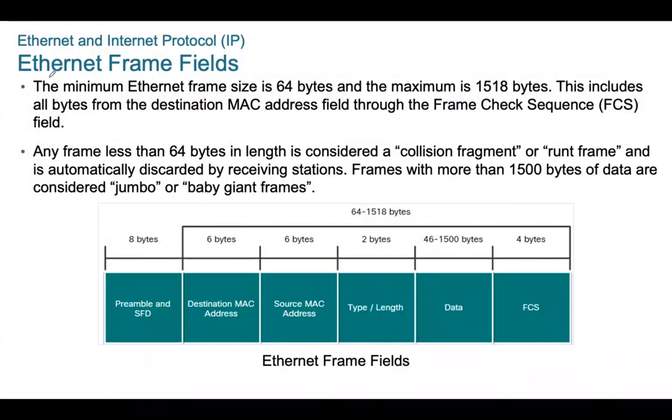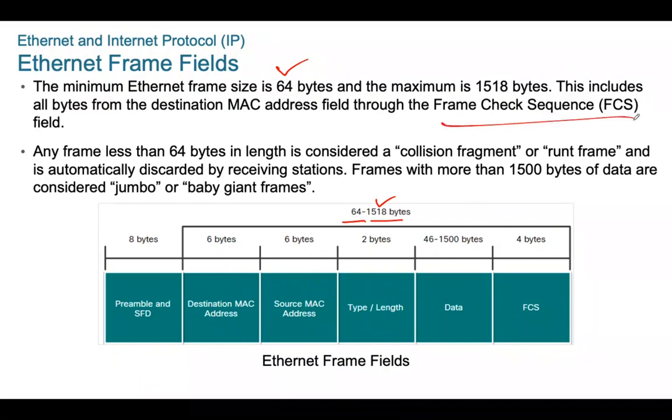You can see this in the Ethernet frame fields, which have a frame header and frame trailer. The size of the frame lies between 64 bytes and 1518 bytes. So the minimum Ethernet frame size is 64 bytes and the maximum is 1518 bytes, which includes all bytes from the destination MAC address field through the frame check sequence.